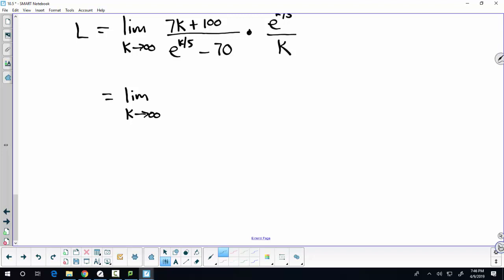So the leading term in the numerator is 7 e to the k over 5 times k. And same thing in the bottom, we've got e to the k over 5 times k.